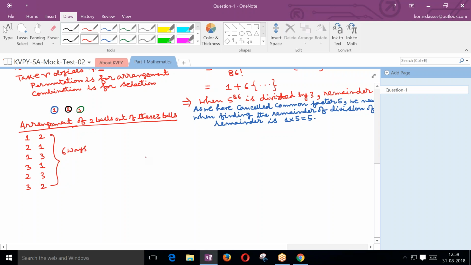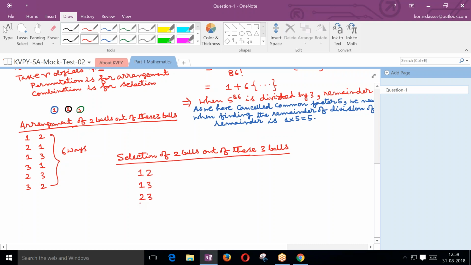Now, the selection of 2 balls out of these 3 balls, how do we get that? Here we can take 1 2, or 1 3, or 2 3.